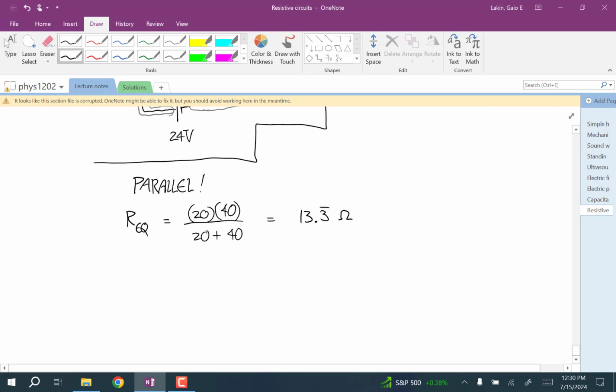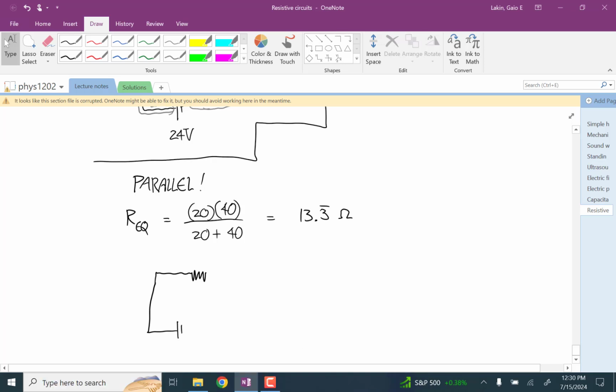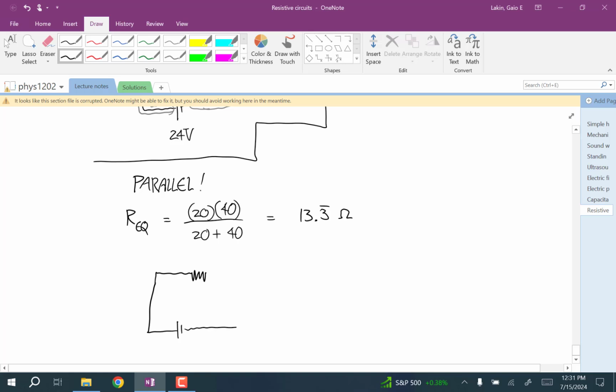Now we can set this up as a single equivalent resistance. We have 24 volts.